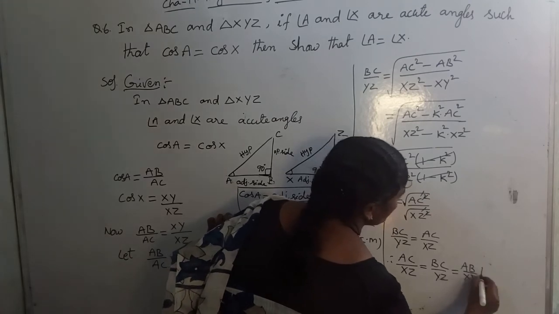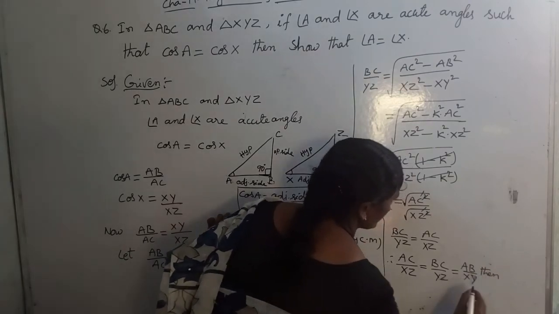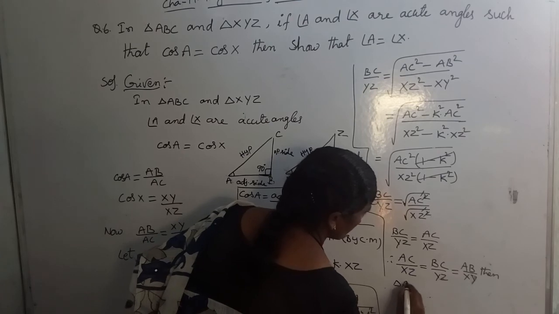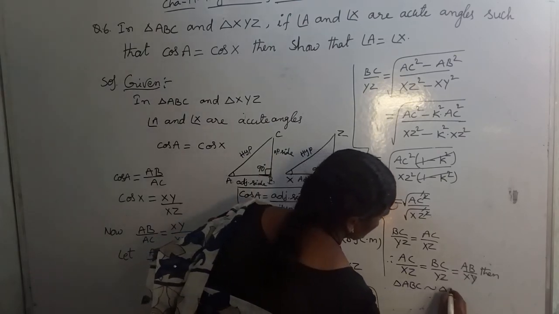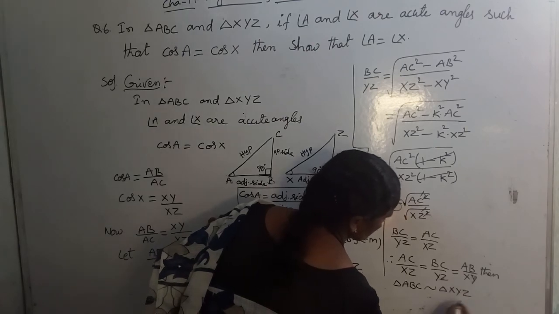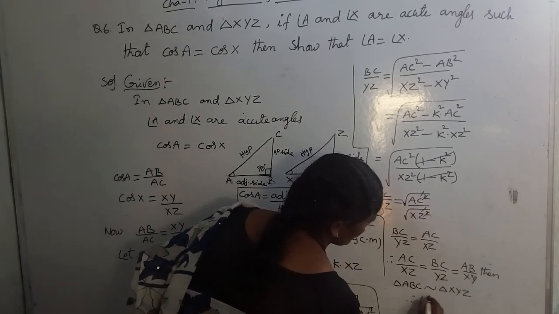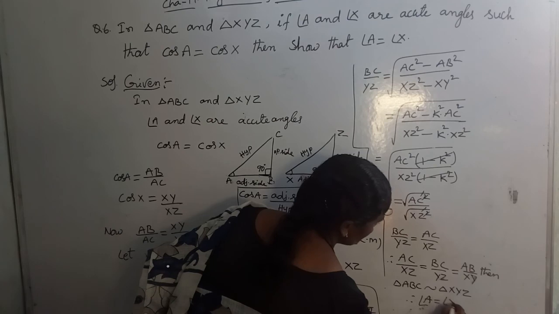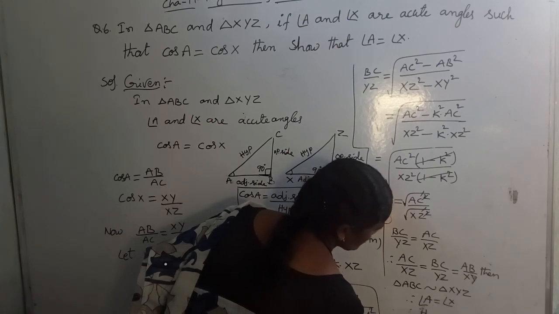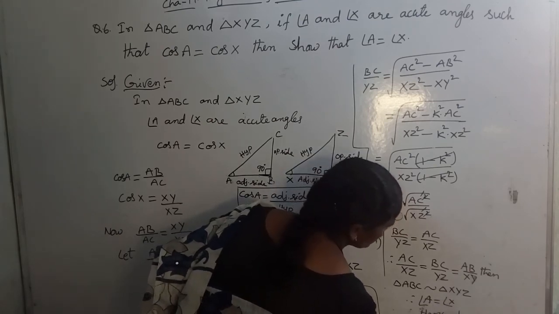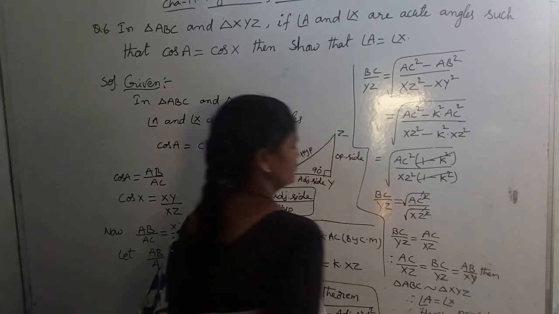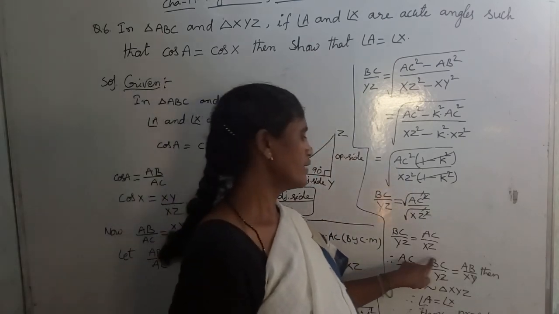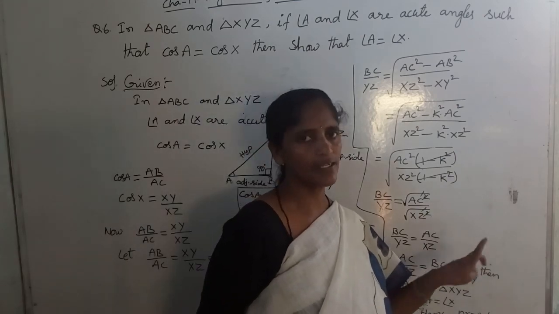Then triangle ABC is similar to triangle XYZ. Therefore, angle A is equal to angle X. Hence proved, according to similarity of triangles.